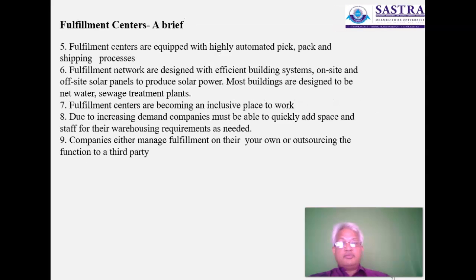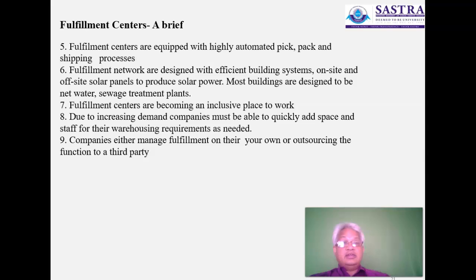Modern fulfillment centers are equipped with highly automated, technology-driven picking, packing and shipping processes. And these days, the design or the construction of fulfillment centers constitutes very efficient building systems. That means they are equipped with solar panels so that the reliance on other sources of energy is reduced.